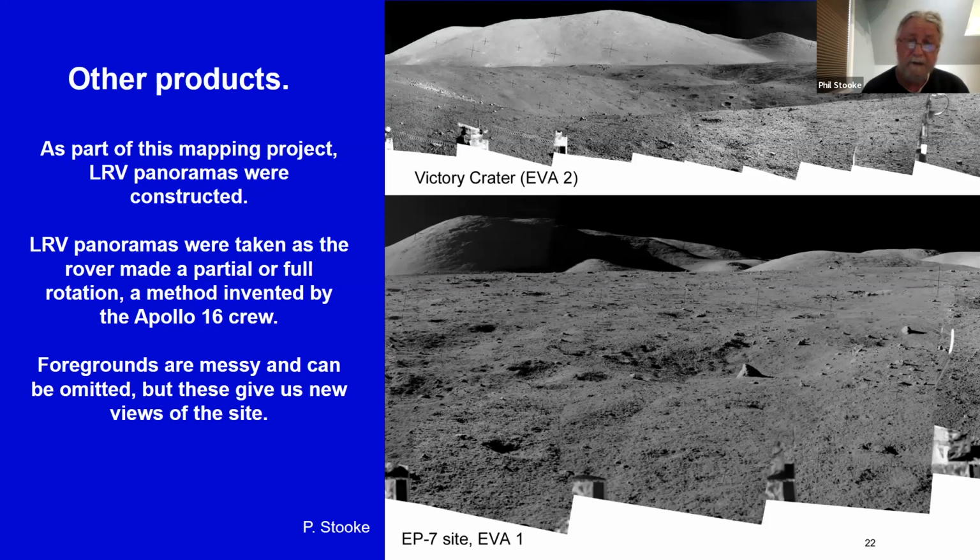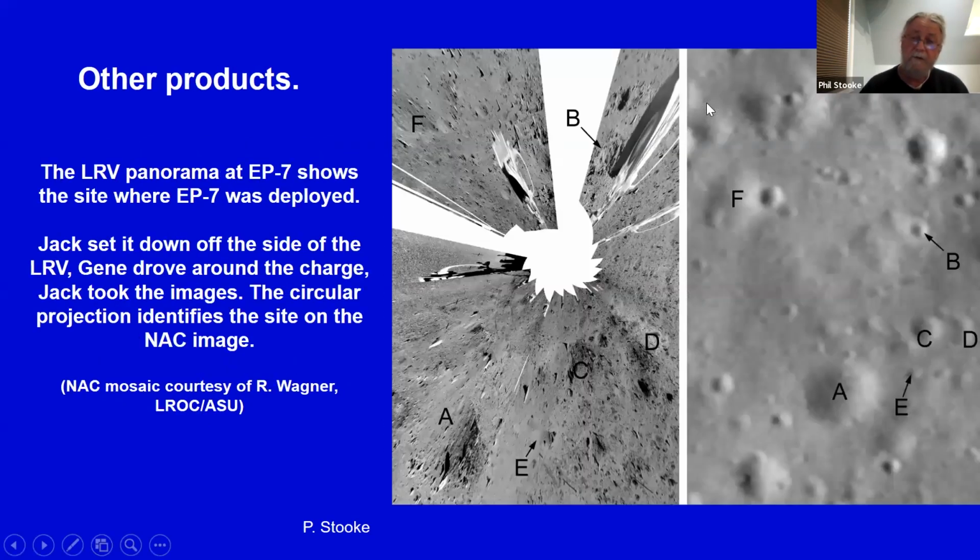Let's just move to the next slide. If you have that panorama, you can project it out. This is a stereographic projection of that panorama, and then you can locate the features on the LRO image and find that location.